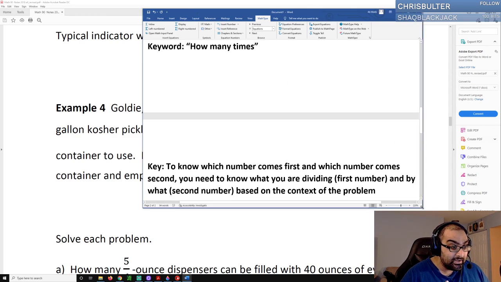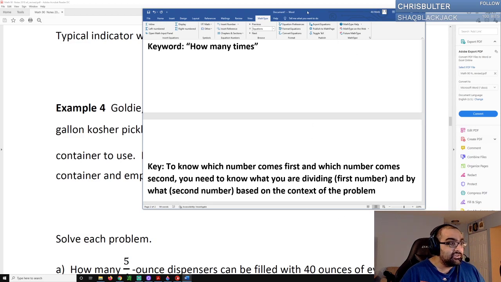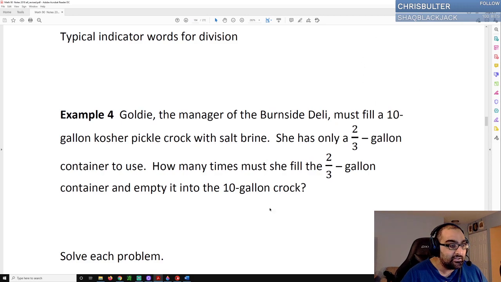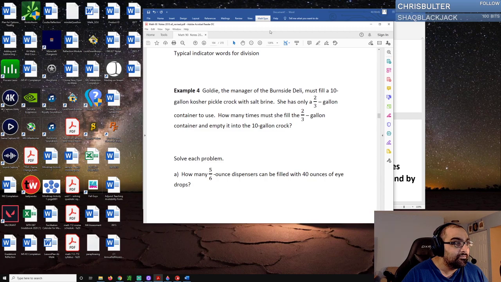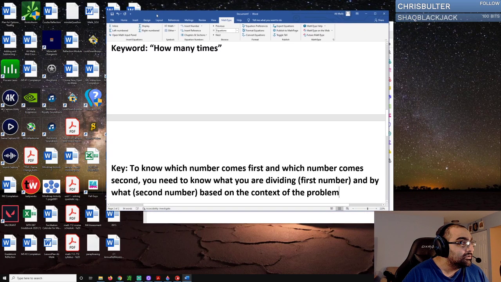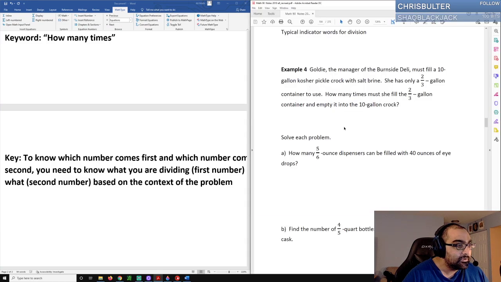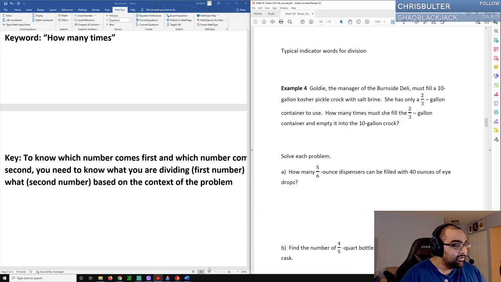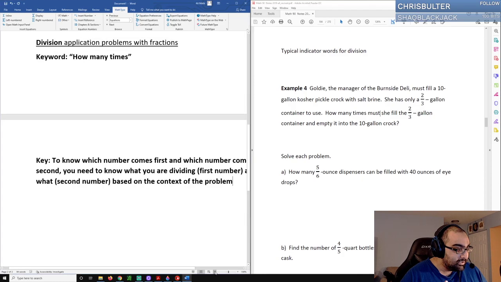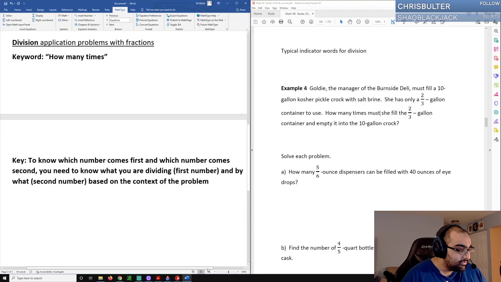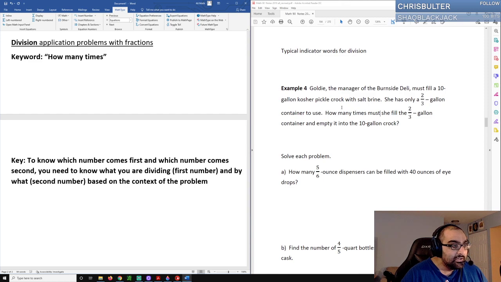In this instance, let's take a look back at our problem and we'll see exactly how this works out. I'll make this half a screen so we can look at the notes. So she has only 2/3 of a gallon container to use.